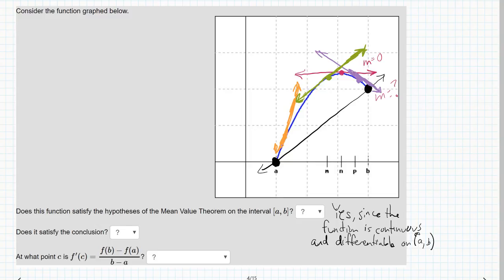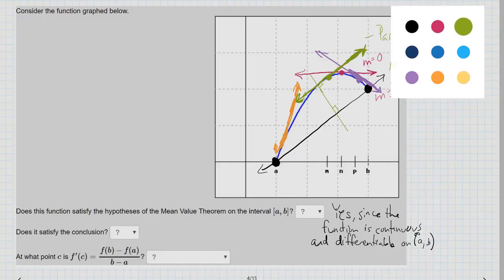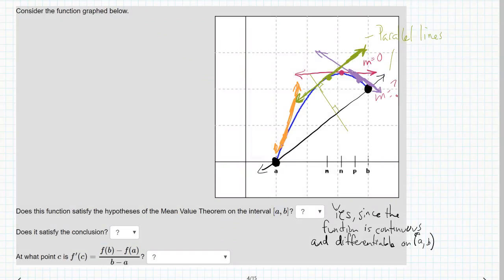These two lines, if I'm to draw this, this would be like a right angle here and here. These two lines are parallel. So parallel lines. I'll switch back to the black so you can see it a little bit better.